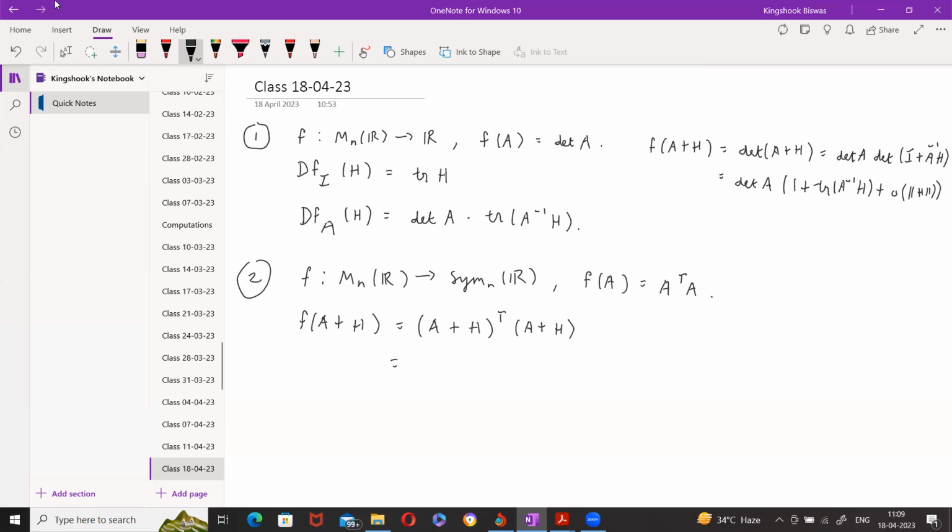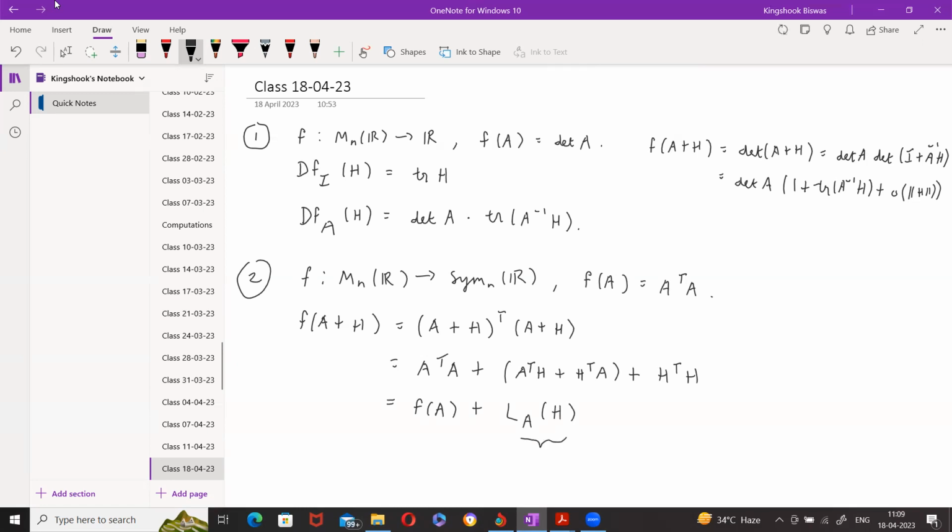This is A transpose A plus, so the next term will be linear in H. So it will be A transpose H plus H transpose A. And then you have a last nonlinear term in H, which is H transpose H. So this is of the form f of A plus some linear map depending on A acting on H, right?